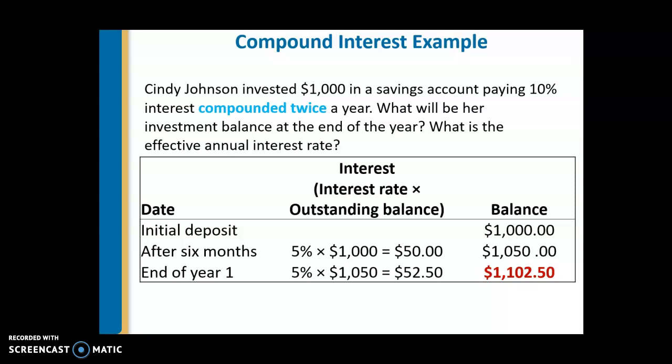At the end of the second 6-month period, which is the same thing as at the end of year 1, we're going to calculate 5% times $1,050 to equal $52.50 of interest for that 6-month period, giving her a full year's worth of interest of $102.50 and an ending account balance of $1,102.50.